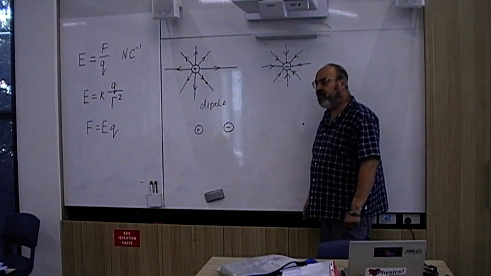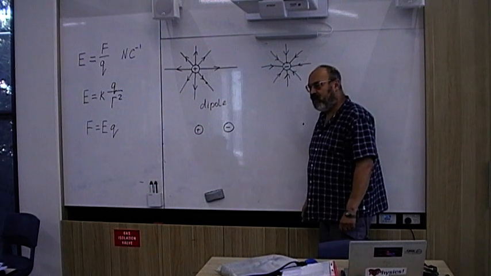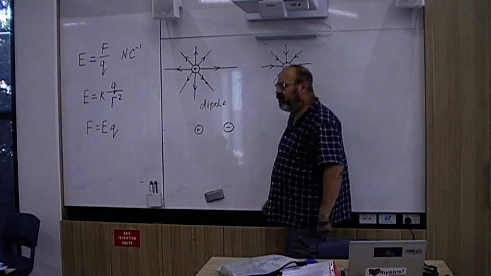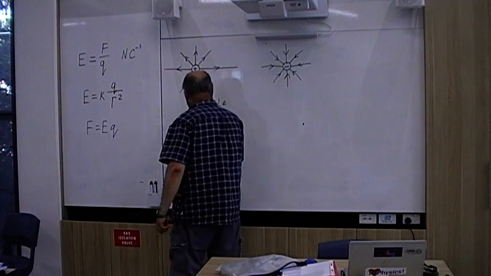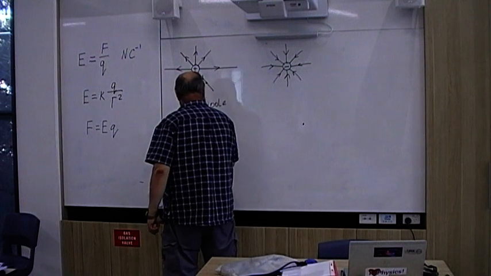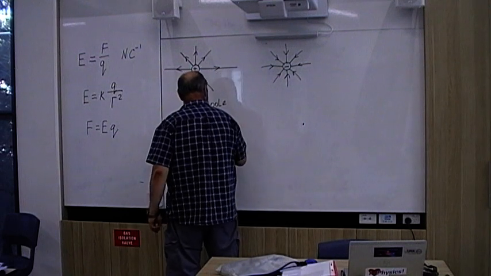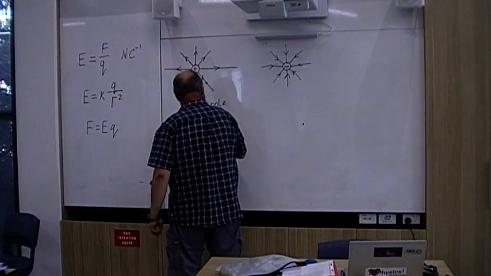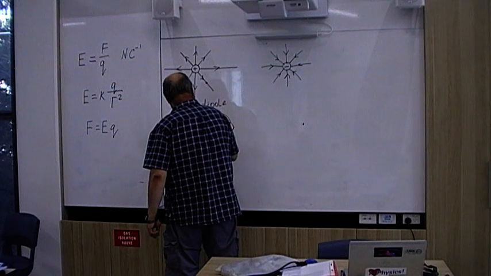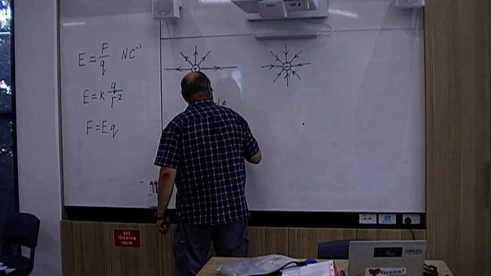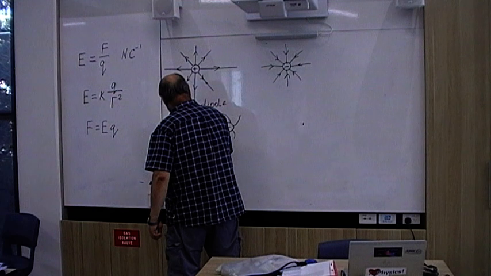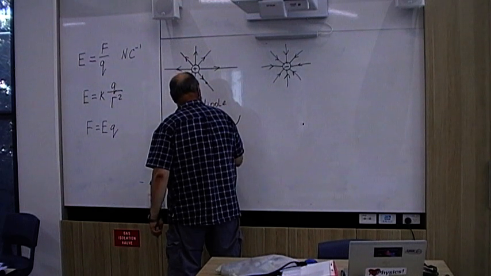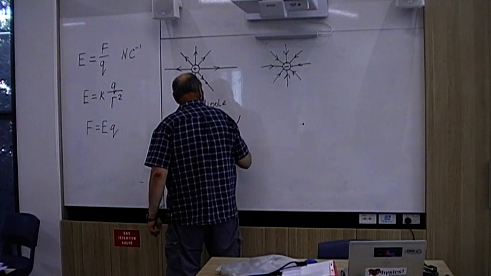We effectively have a dipole, positive and negative, and the field will be strongest between them, and less strong away, and the direction will always be from positive to negative.